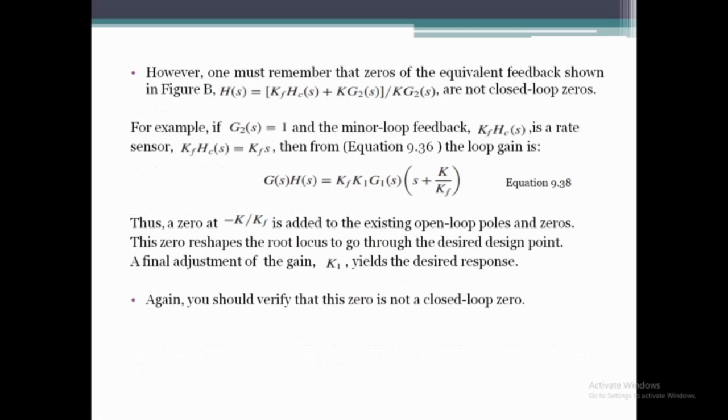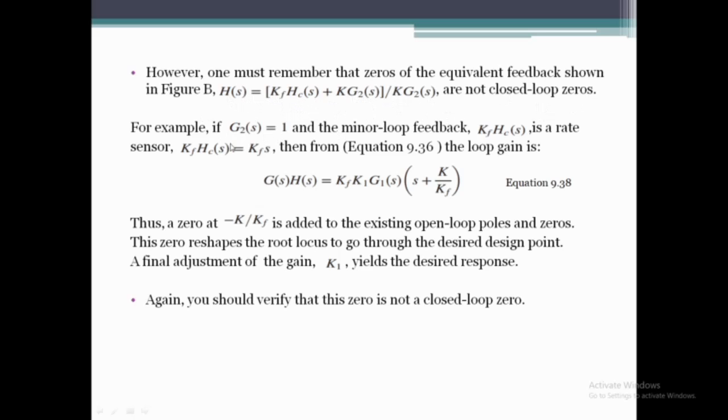However, one must remember that zeros of the equivalent feedback shown in figure B, H(s) equals [KF Hc(s) plus K G2(s)] over K G2(s), are not closed loop zeros.